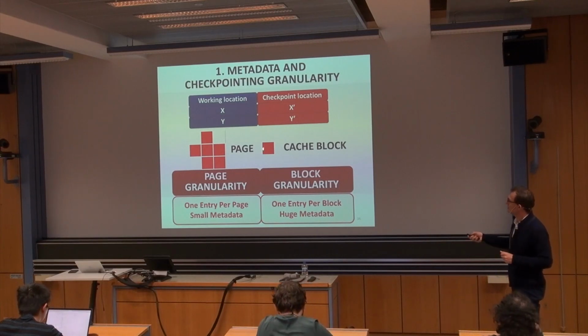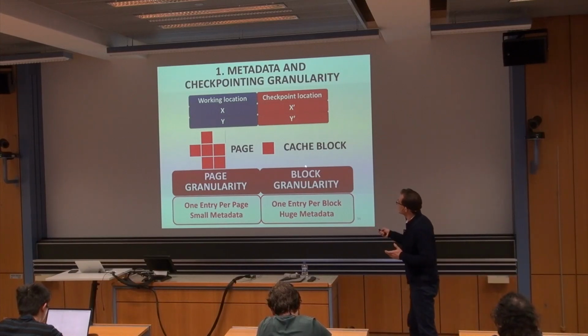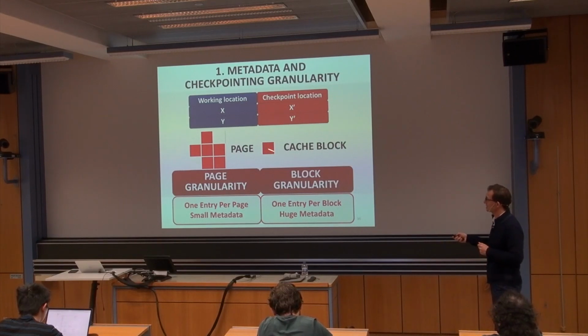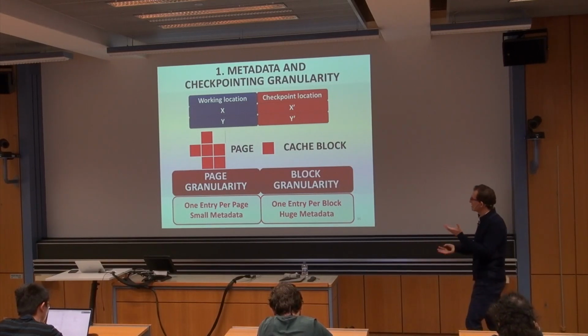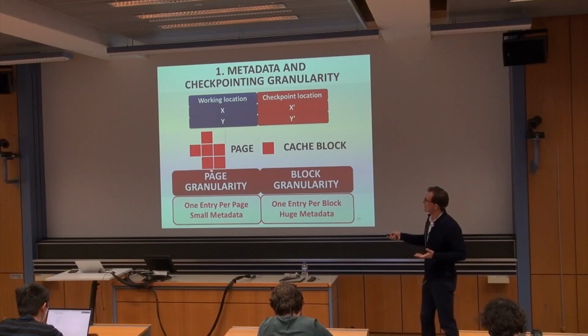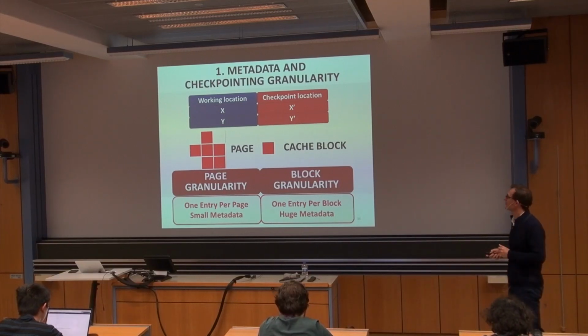But writing to the persistent memory at a small granularity actually takes a short time. So this affects your latency as well. It doesn't only affect your metadata, but it affects your latency. But they go against each other, as you can see. Here, the metadata overhead is large, but latency is low. Here, the metadata overhead is small, but the latency is large. So how do you take that into account?